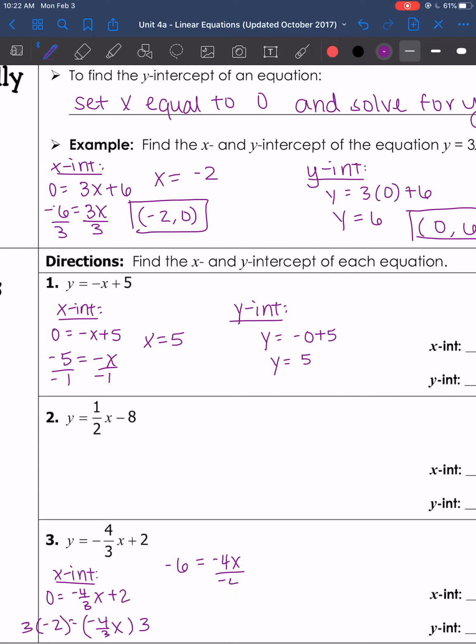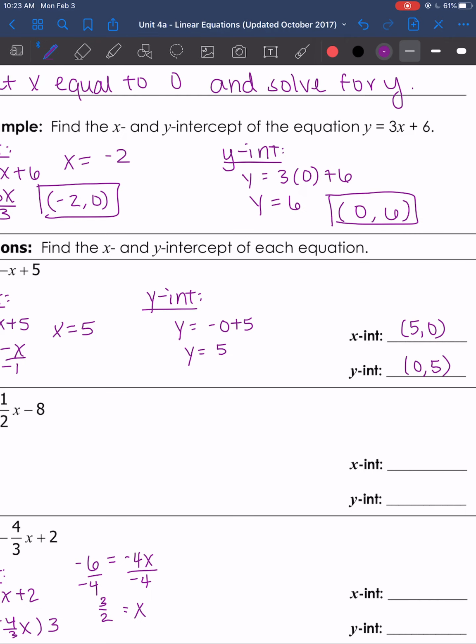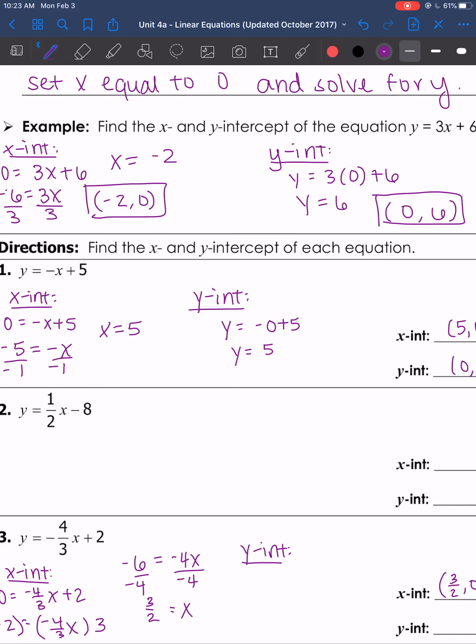And divide by negative 4. x equals 3/2. It's okay to have a fraction. It's alright. I promise. So the x-intercept is 3/2, 0. And let's find our y-intercept. We are going to plug in 0 for x. y equals 2. So 0, 2.